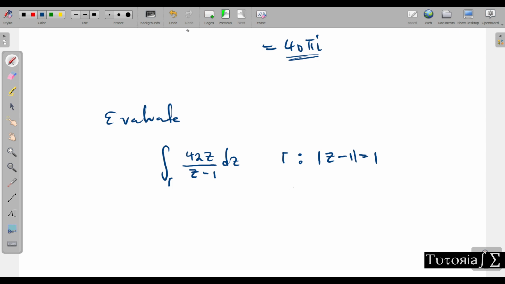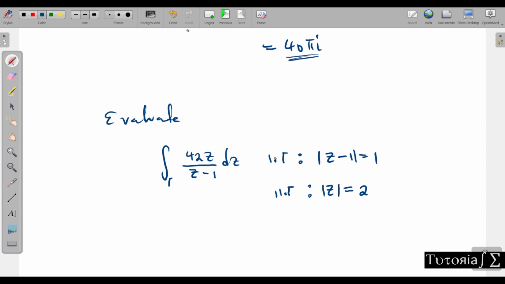Sketch that first. Then number 2, do the same question using the region |z| equal to 2. Try out these two questions.